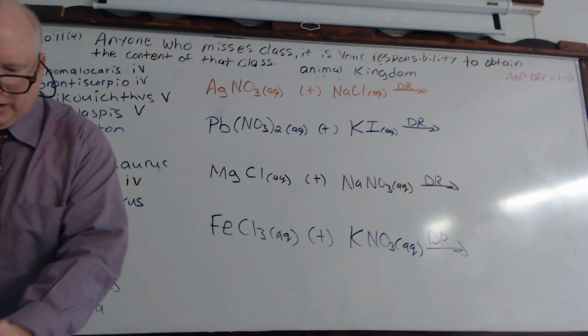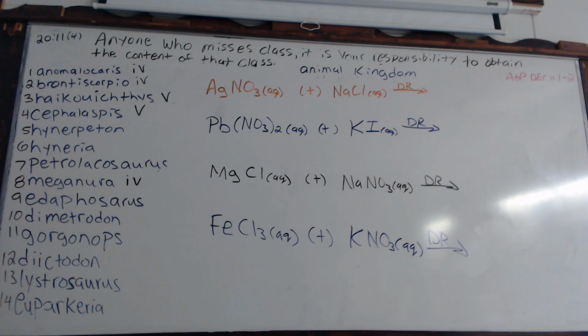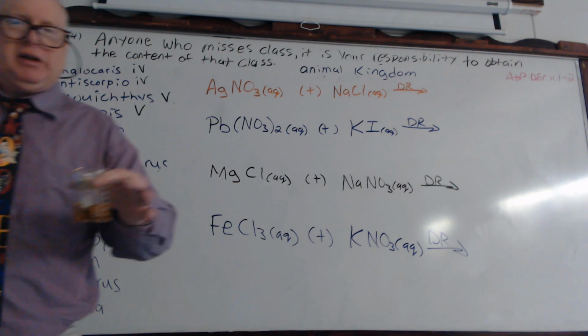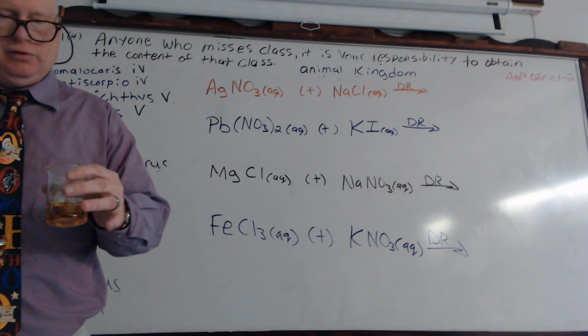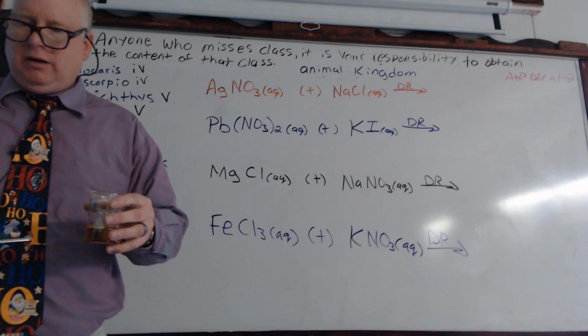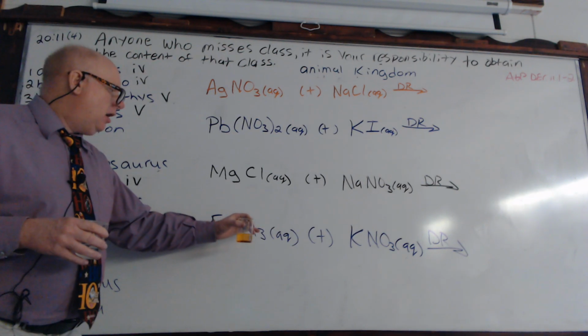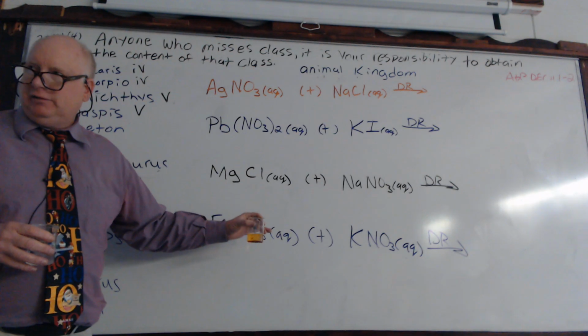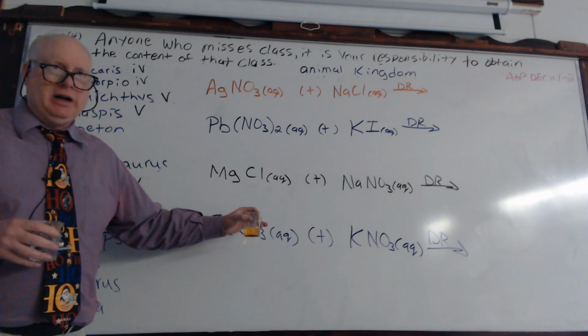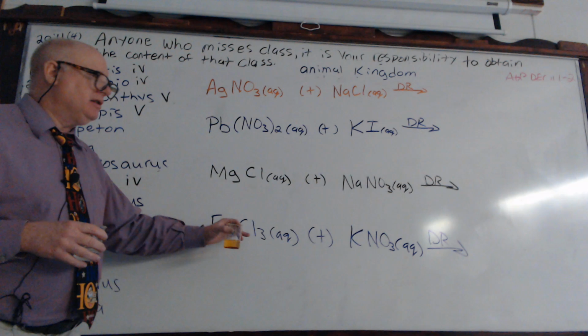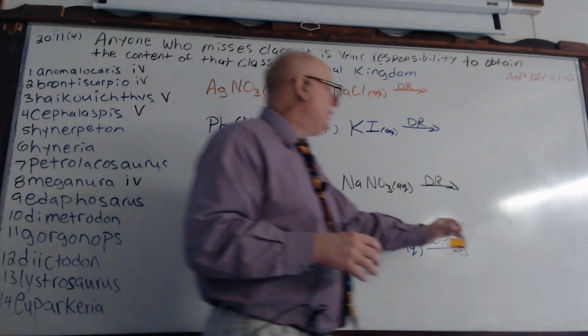If I walk this around again, you'd see that these pieces are getting smaller and smaller because it's still continuing to dissolve. So we said that all chlorides are soluble, but don't get hung up on this side of the equation. It also happens on this side as well.